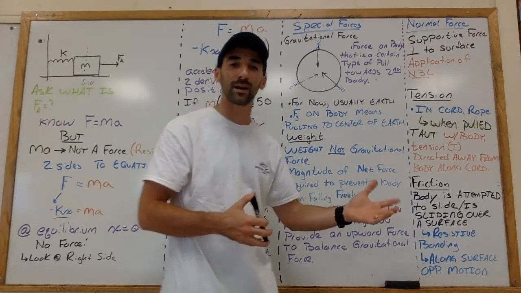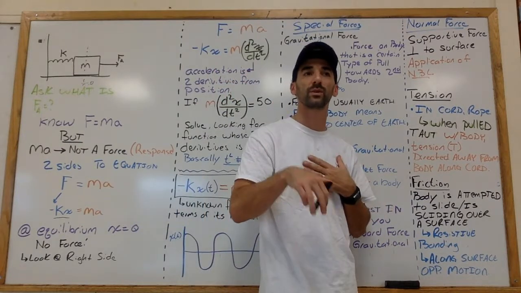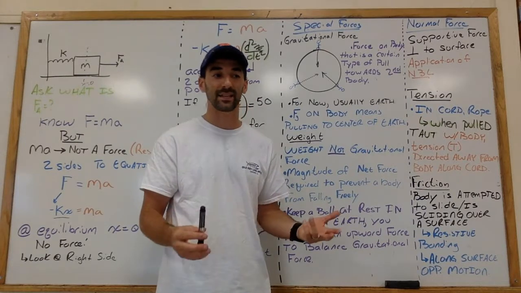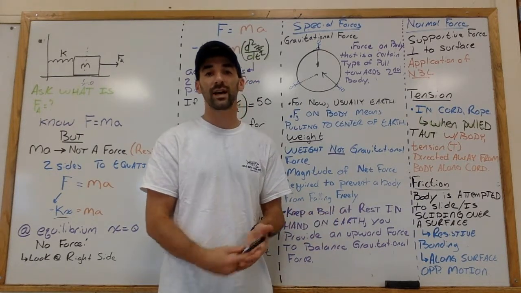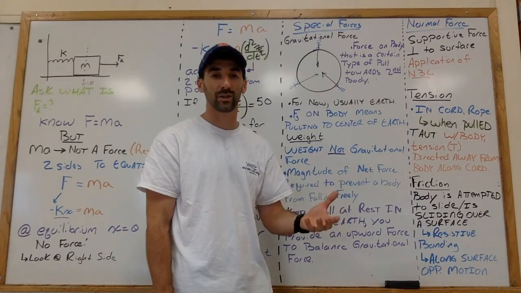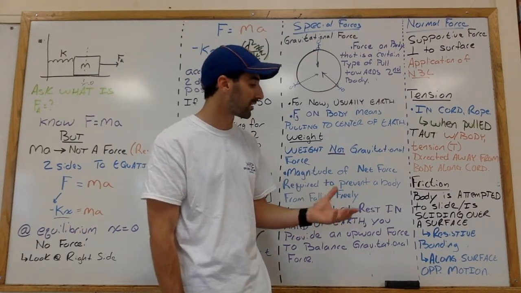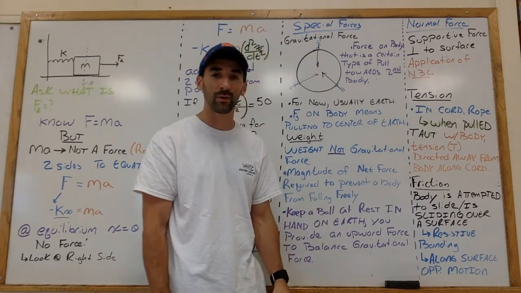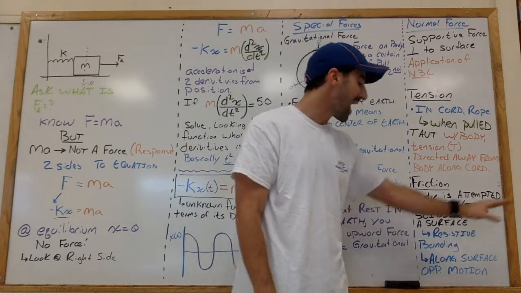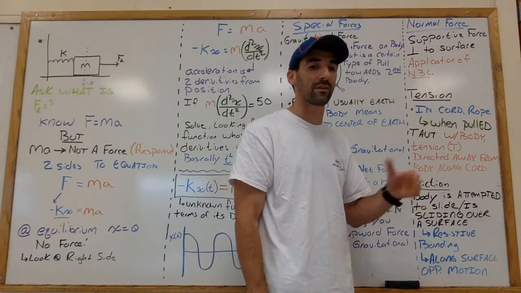There are two types, actually there are more than that. There are two types of friction we study a lot, which is kinetic or moving friction and static, stationary friction. In addition to that, we have fluid friction and rolling friction, both of which we're going to talk about. Friction is a retarding force, in other words, it slows motion down. And friction is always, always, always opposite the direction of motion.